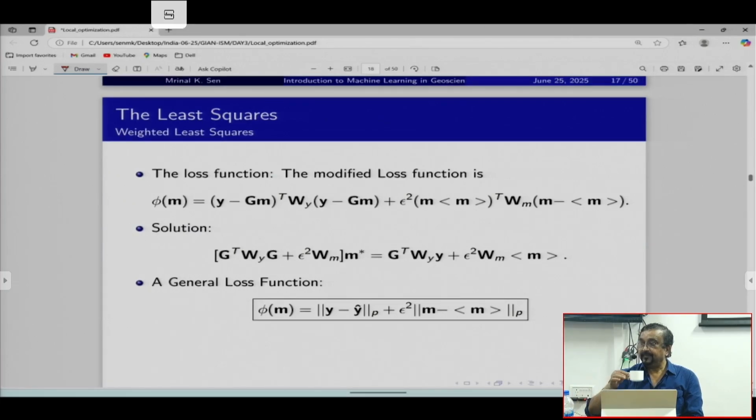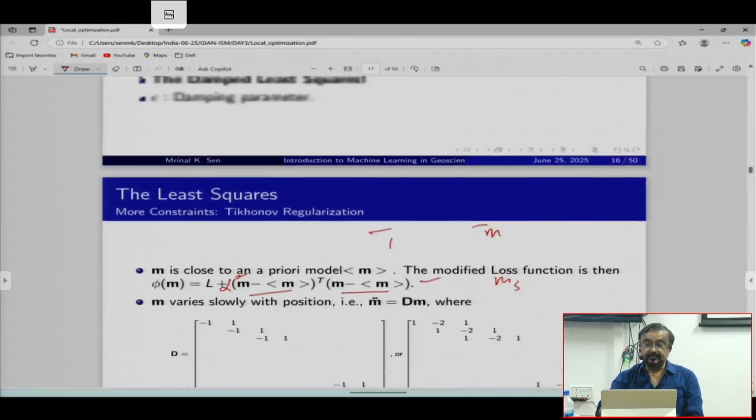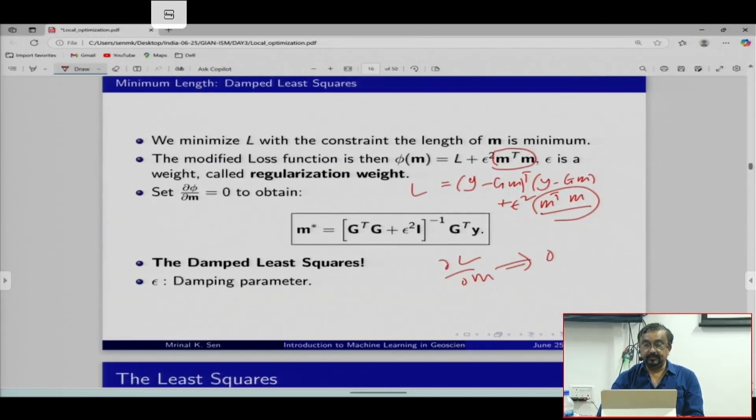D as the identity matrix? No, we don't use D as an identity matrix. All we do here is this D is already in G, right? This identity matrix, and this is basically epsilon square.